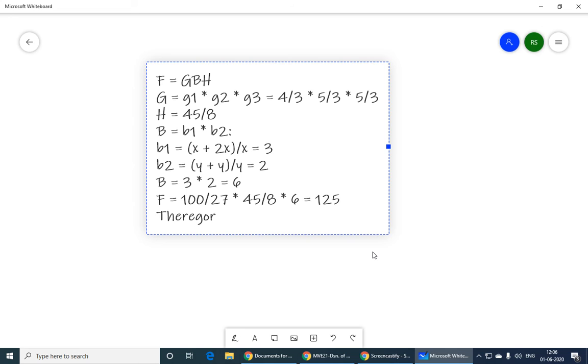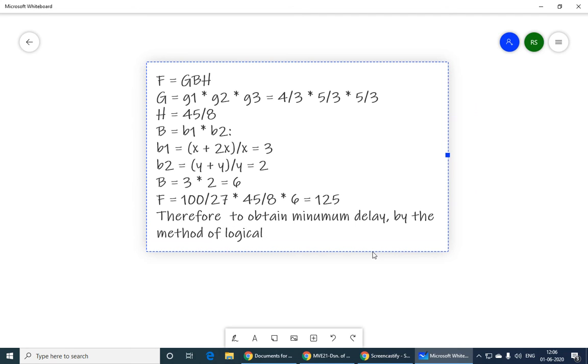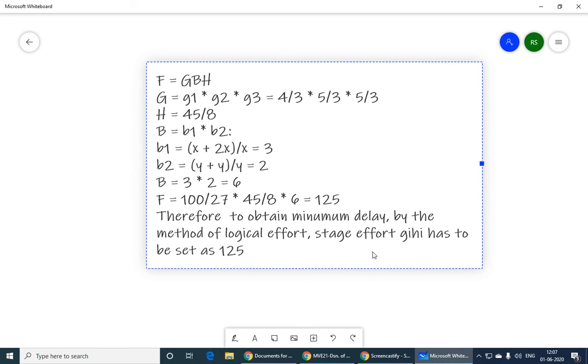So therefore, okay, now this statement same as before, stage effort GiHi has to be set as capital F to the power 1 by N.